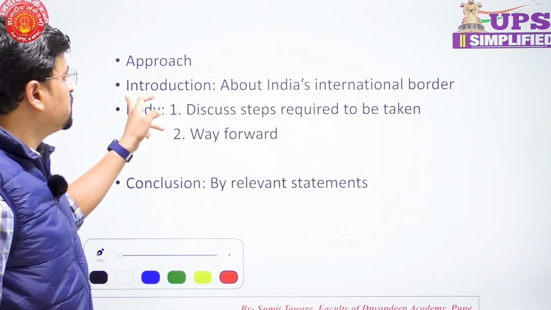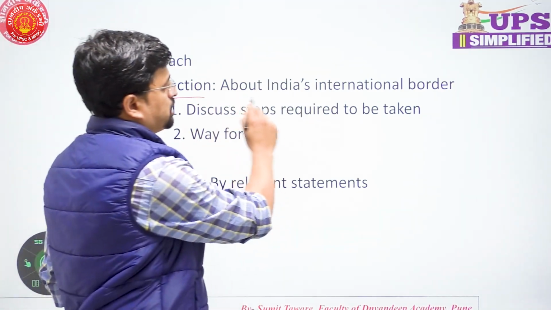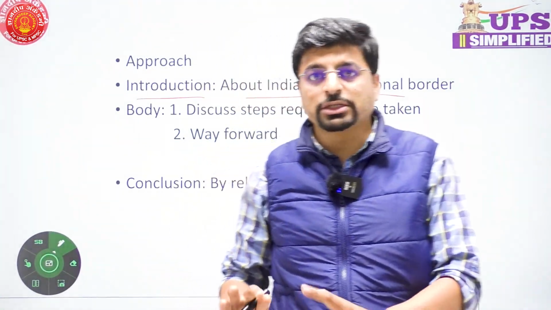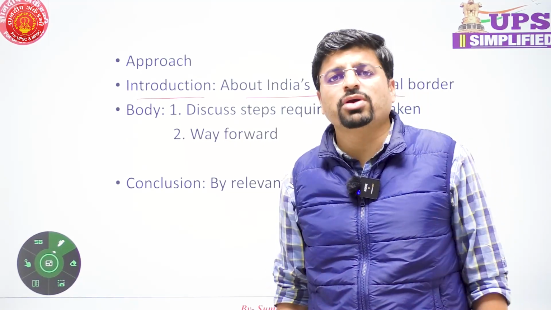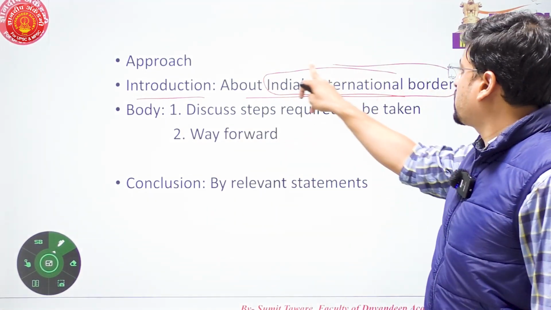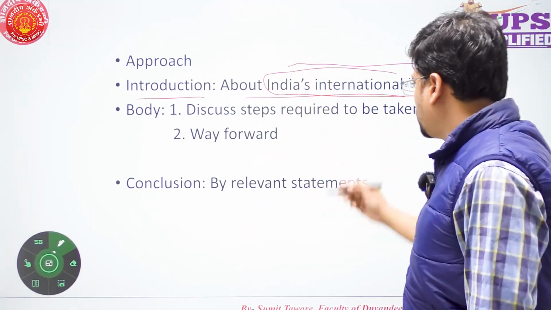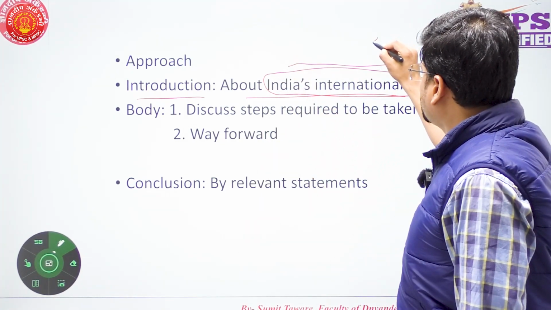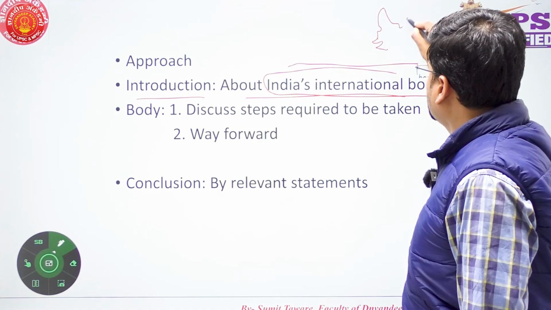In the introduction, we have to mention India's international border in a crude sense. Whatever information you have about India's international border, you can write it there, or you can also draw a map of India.